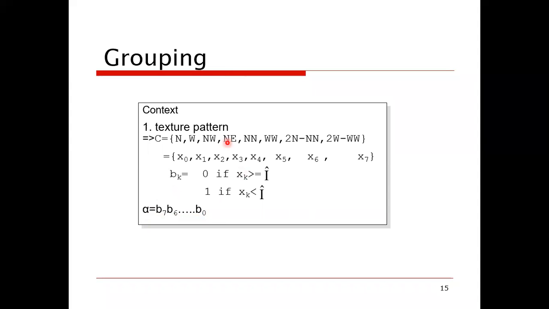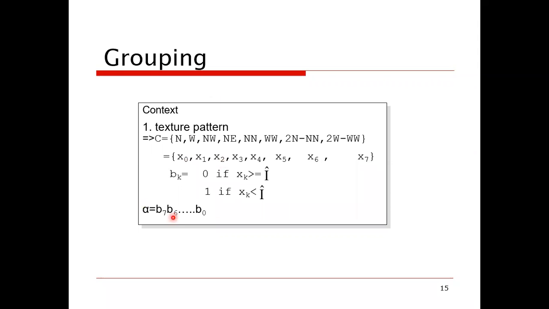Suppose these are the vector values x0 to x7. The next target is to create a binary vector from b7 to b0.